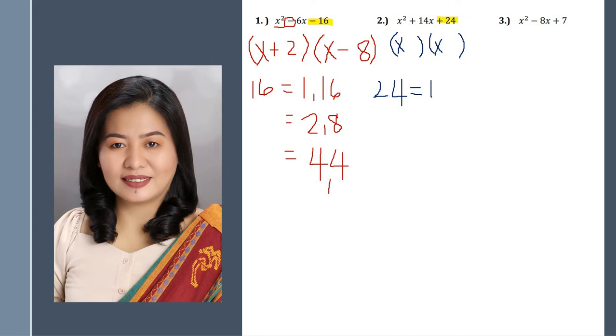We start with 1. 1 will be paired with 24 because 1 times 24 is 24. And we move to 2. 2 and 12. Then we have 3 and 8. Then we have 4 and 6.